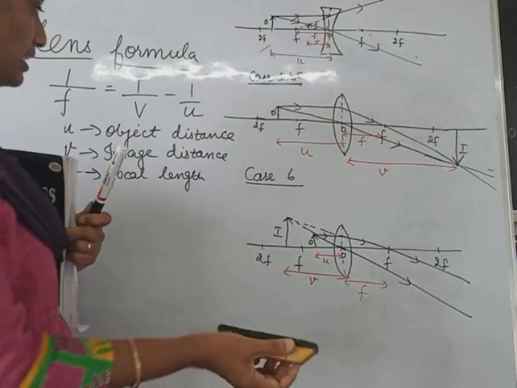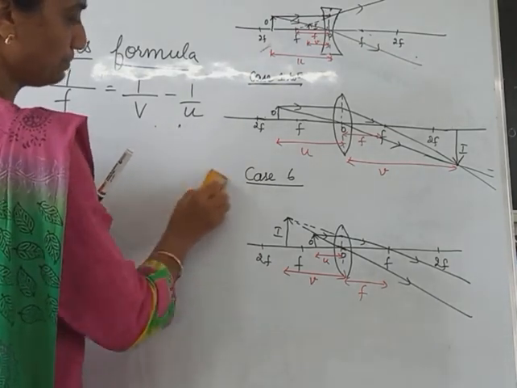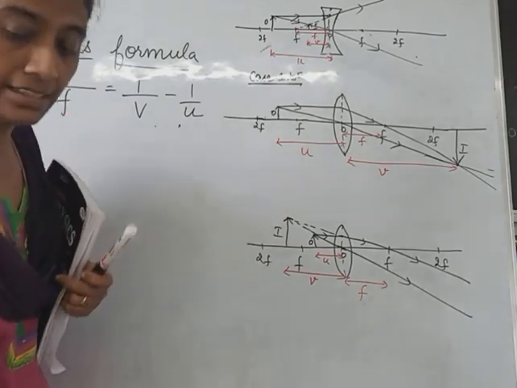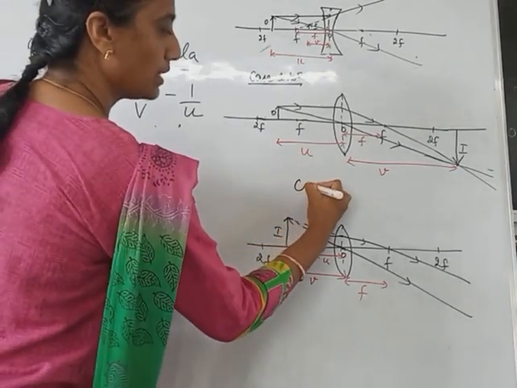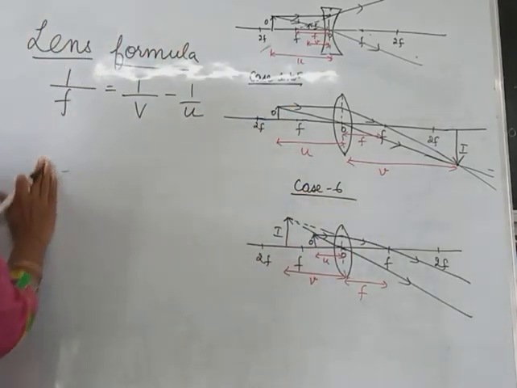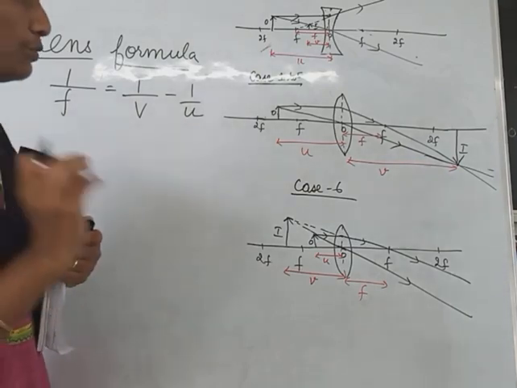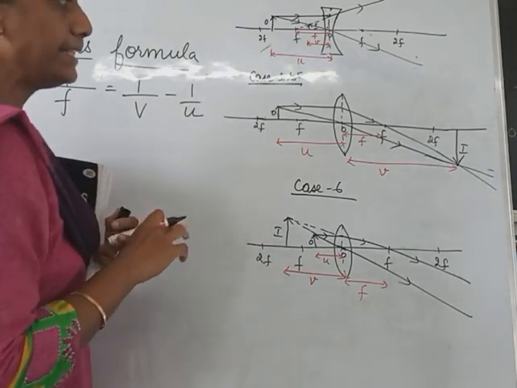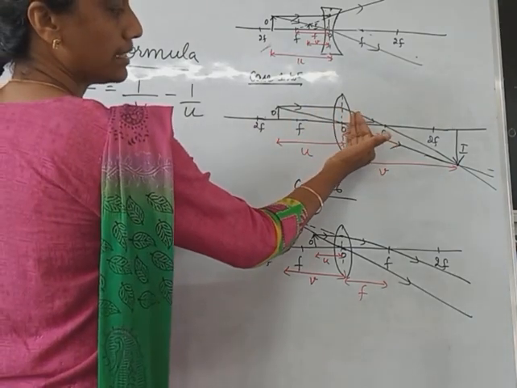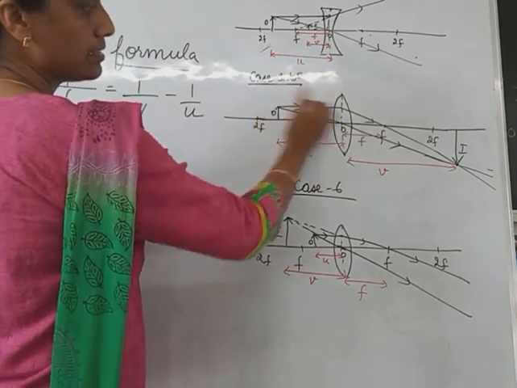While solving the numerical, it's very important that we use the proper sign convention, otherwise you won't get the answer. Now if you see the sign convention, the rule says any distance taken against the incident ray is negative.